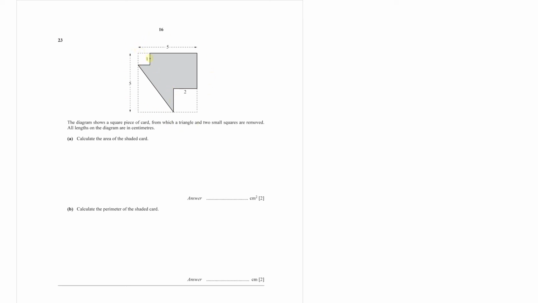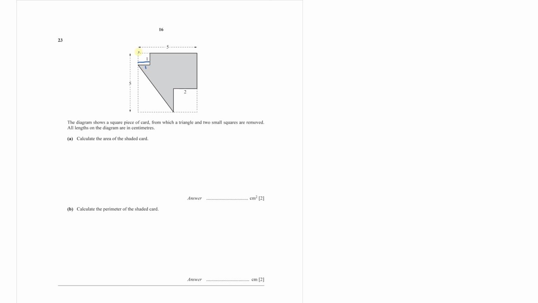So what we can do is find the area of this big square and then subtract the area of this smaller square and this smaller square and this triangle, and we will get the area of the shaded region. So we can mark the lengths that we know. So if this is 1 and we know this is a square as stated in the question, so this length here will be 1 as well.